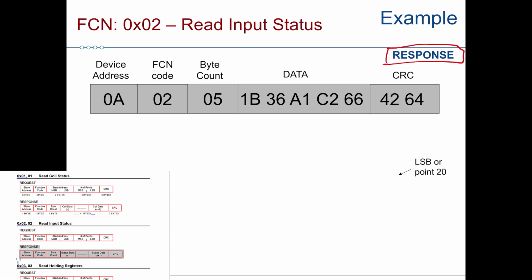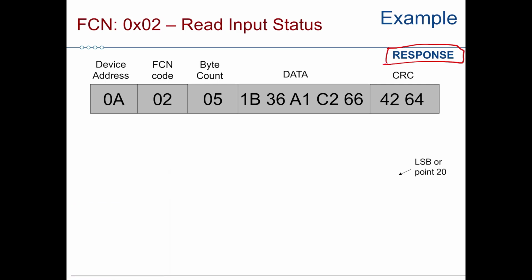Now, 40 bits when divided by 8 bits in a byte would mean that would only require 5 bytes to return the single bit data. And notice how here the byte count is 5. 5 bytes will report back 40 points because in each byte there's 8 points because it's a single bit status.